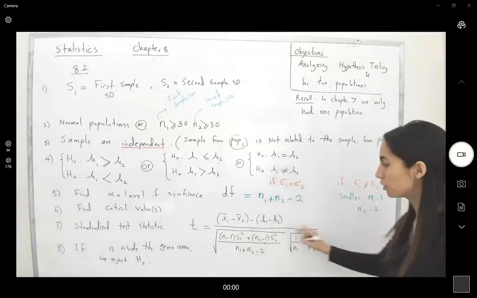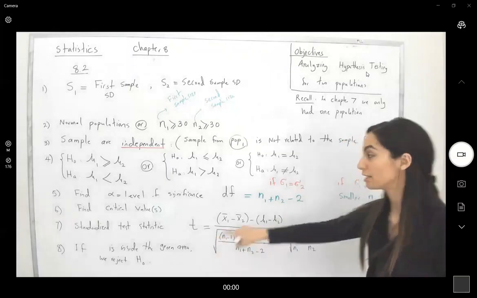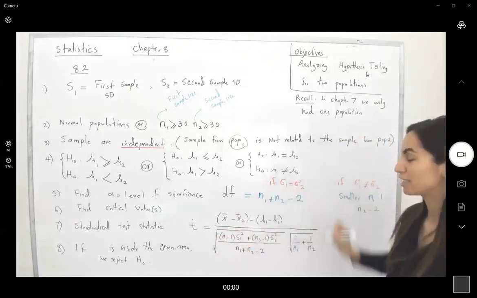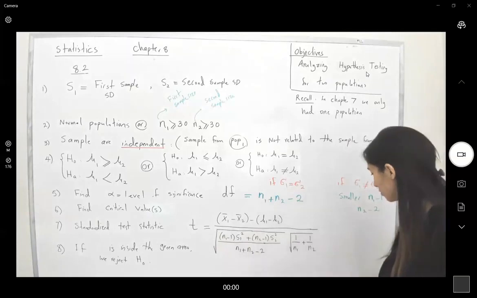This ugly formula gives you the standardized test statistic if sigma 1 is equal to sigma 2.